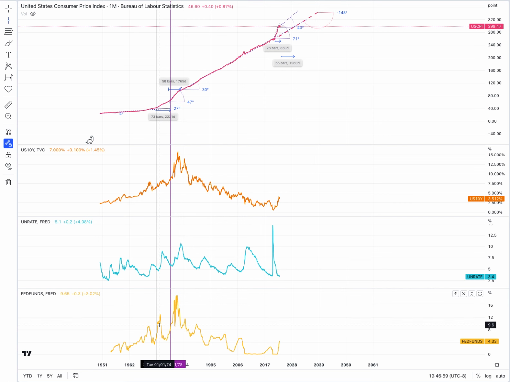And then what happened? You can see that this is the unemployment rate. As the unemployment rate started rising between this line, 73 and 74, it went from around 4.6% to 6.33.